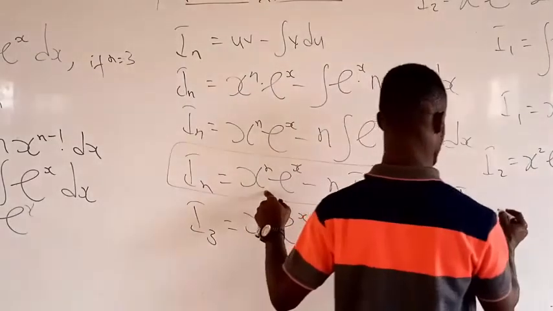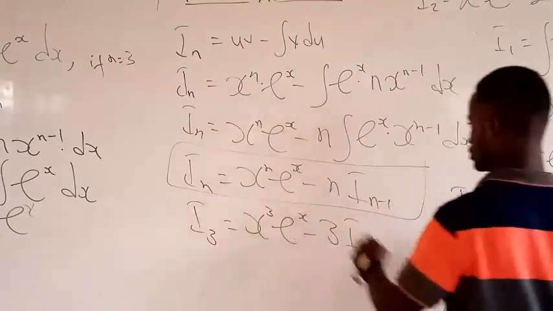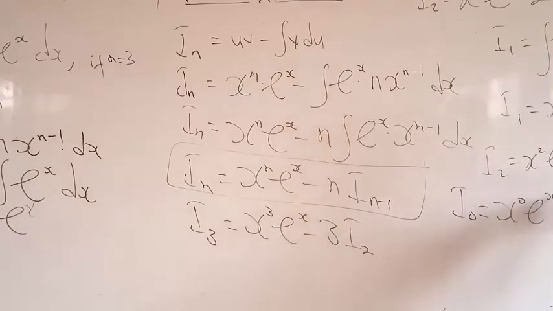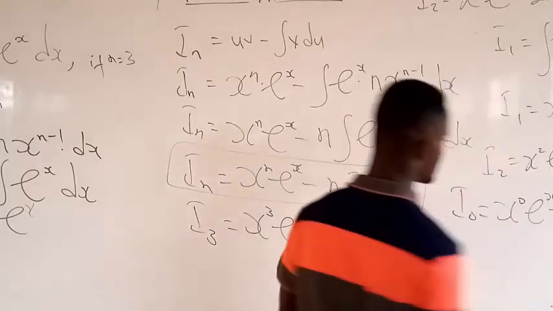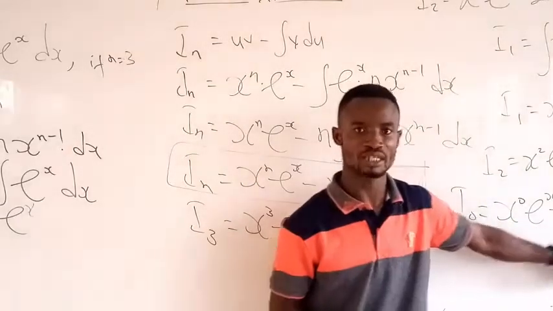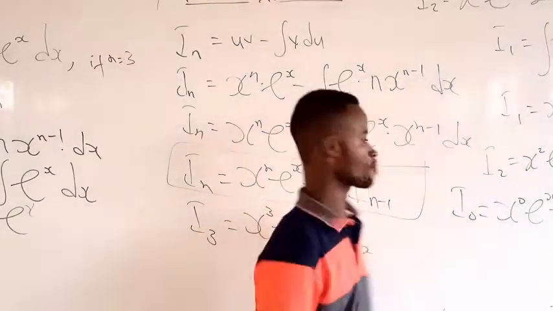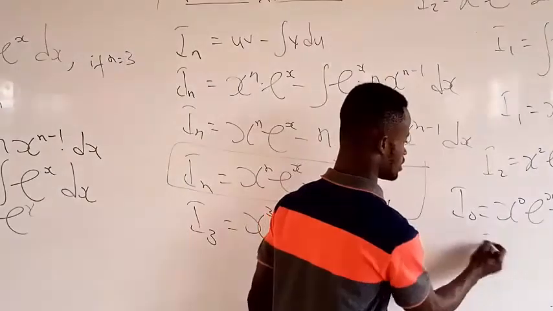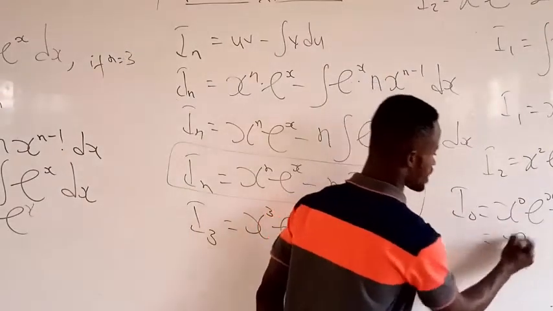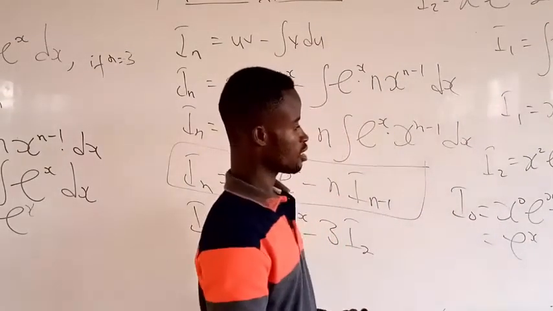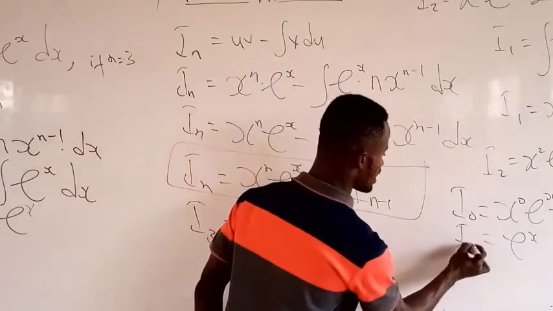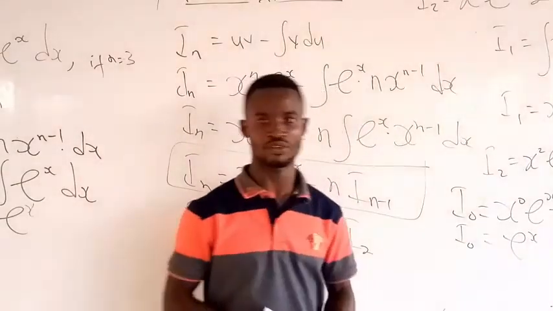So x to the 0 e raised to power x minus 0 I(0 minus 1). Wow! Even without thinking of what this means, the whole of this is 0, and this is 1. So we get e raised to power x. Therefore, I0 is equal to e raised to the power x.